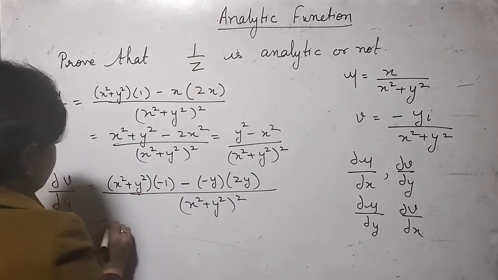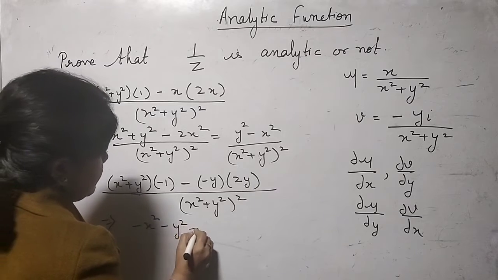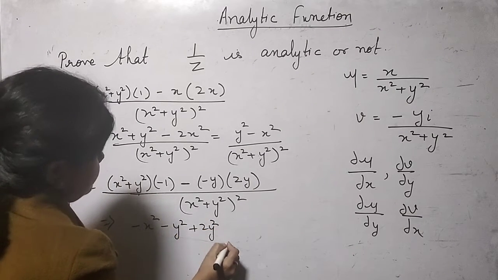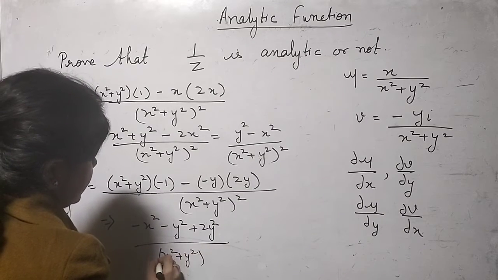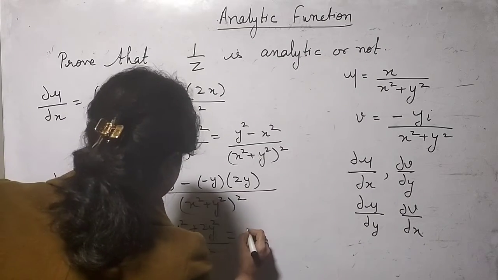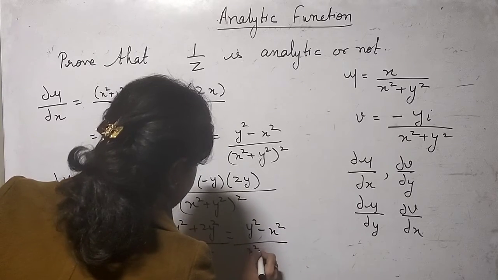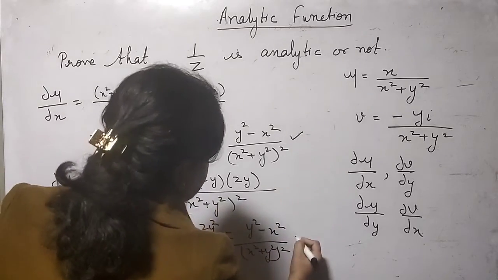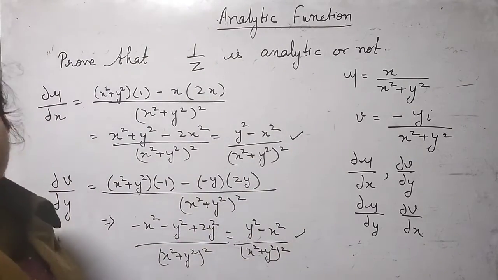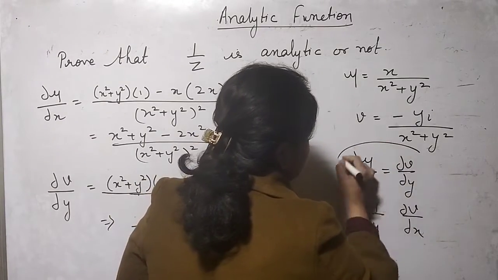Okay, so it becomes minus x square minus y square plus 2y square over x square plus y square whole square. So we get y square minus x square upon x square plus y square whole square. Now we can easily observe that these two values are equal to each other. That means our first condition is correct.